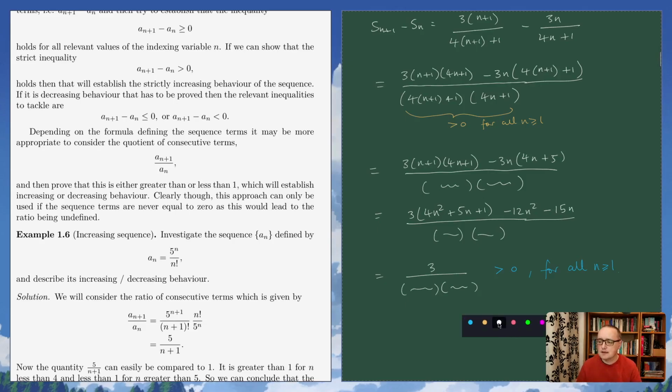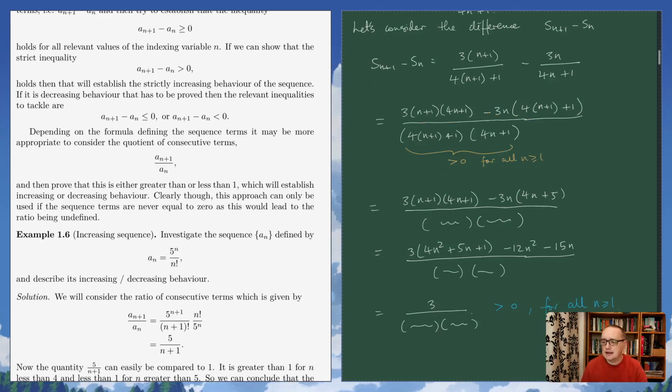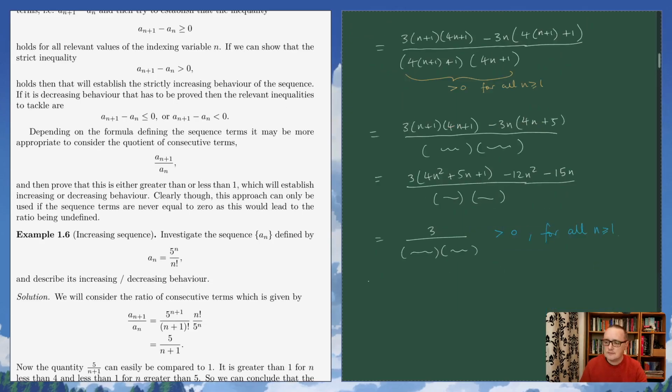Right, so what have we done there? This fraction is bigger than 0, but what is this fraction? This fraction is the difference between Sn plus 1 and Sn. So we've shown here that Sn plus 1 minus Sn is strictly bigger than 0, i.e. we've shown that Sn plus 1 is strictly bigger than Sn.